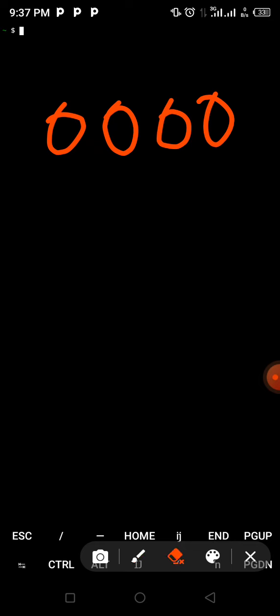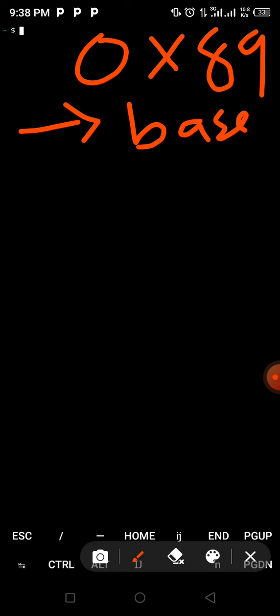So we're asked to convert this 0x89 to base 2.